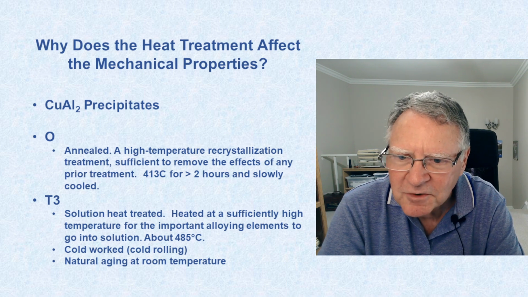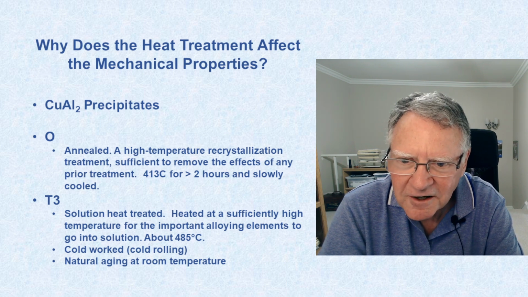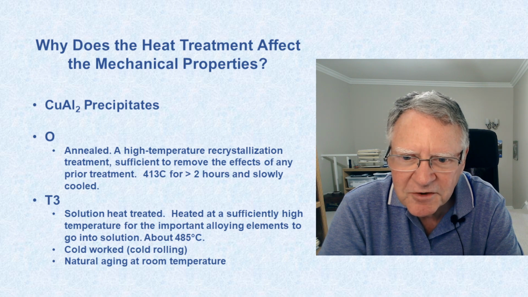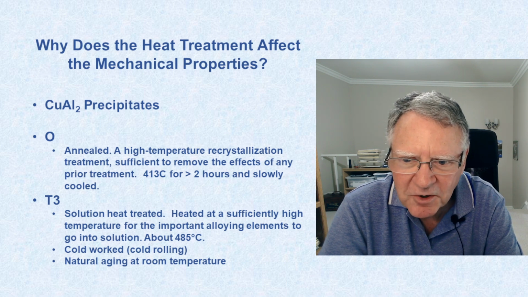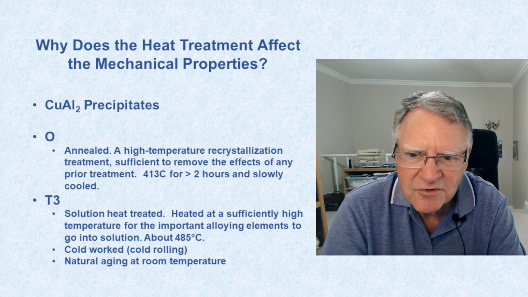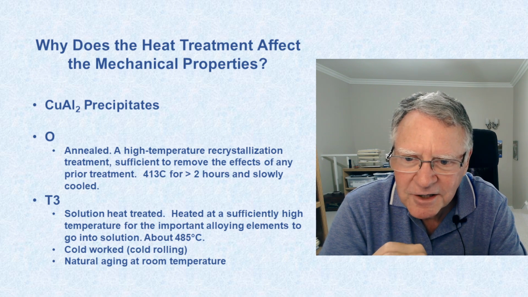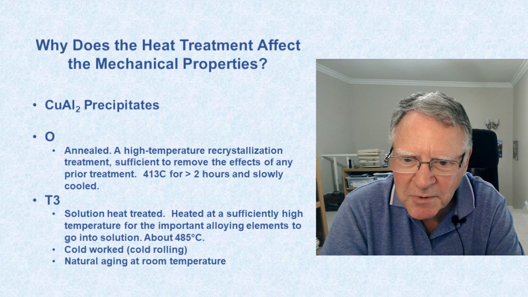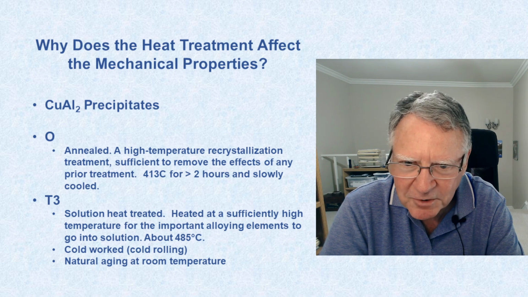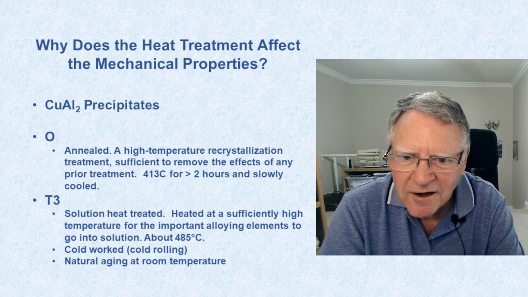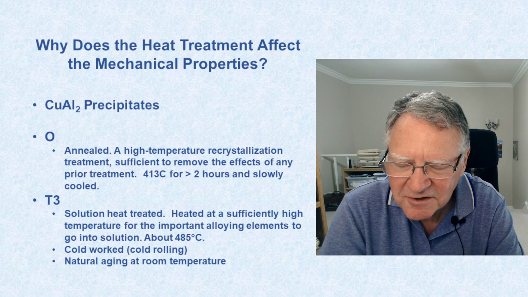So if you cool it down slowly, the aluminum atoms like to be with other aluminum atoms, and the copper atoms like to be with other copper atoms. So you end up with grains or crystals of fairly pure aluminum, and in between, in the grain boundaries, you end up with blobs of copper. And that's not really what you want.